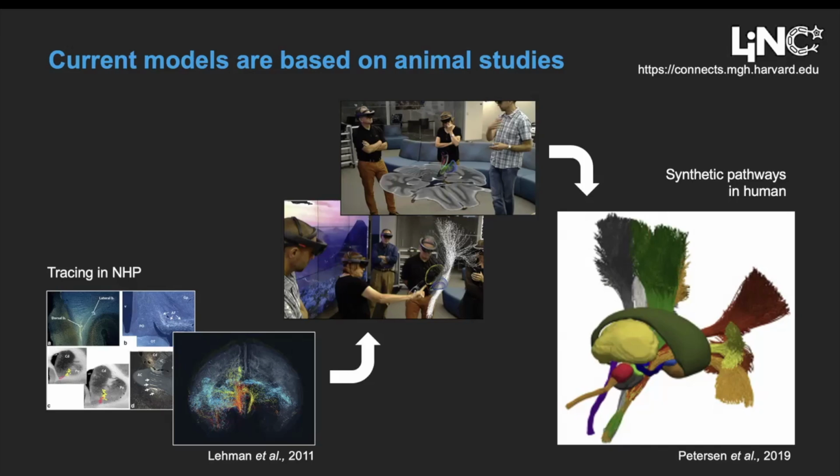So we cannot take advantage of all the latest techniques to improve our ability to image these pathways directly in individual patients, because we don't have the ground truth data to train these techniques on.